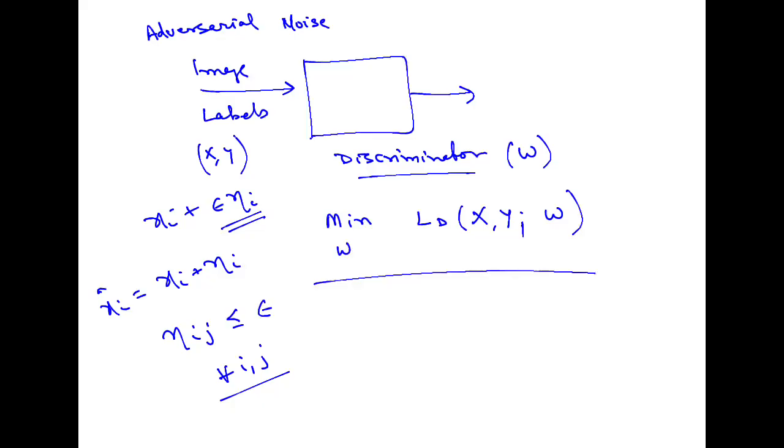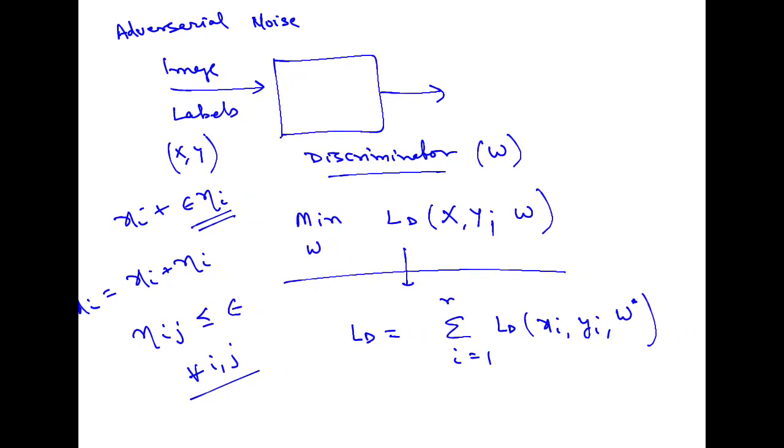Now what is the loss of the discriminator? The loss of the discriminator is a summation over i, once your model has been trained, and let's say W star are the optimal weights of the discriminator.